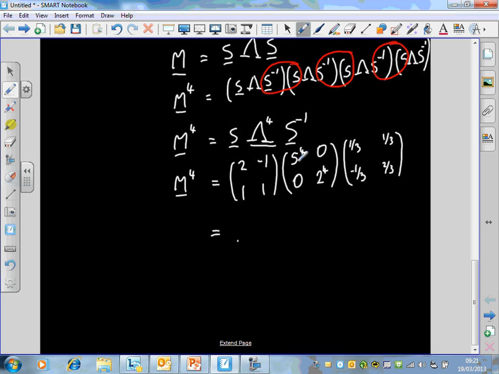So now we can do all this. 5 to the 4 is 625. 2 times 625 is 1,250.